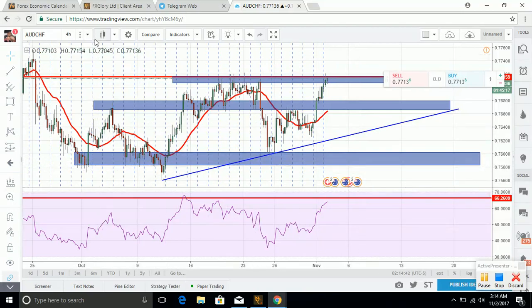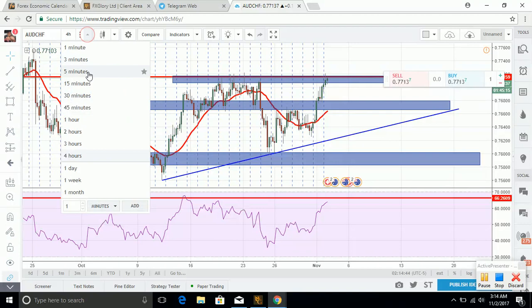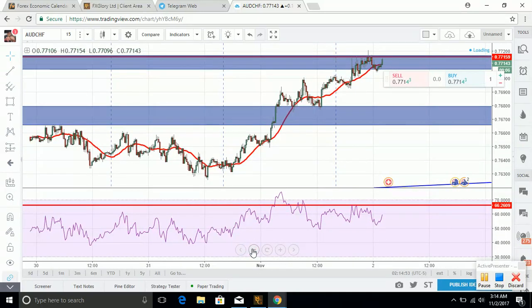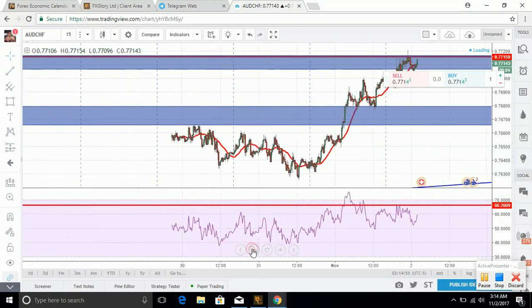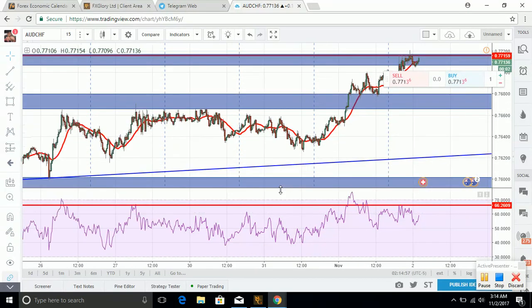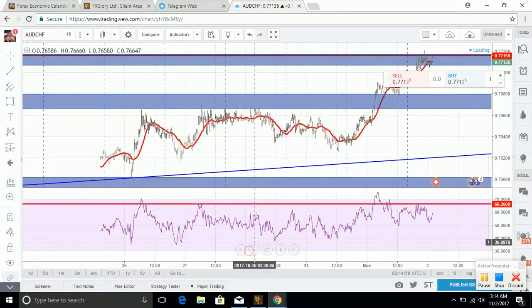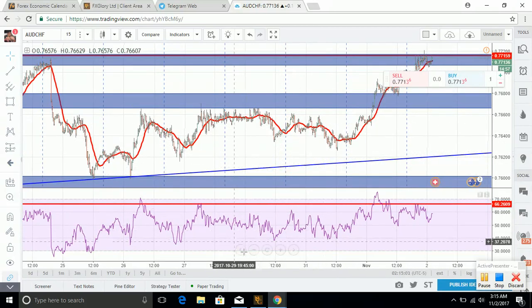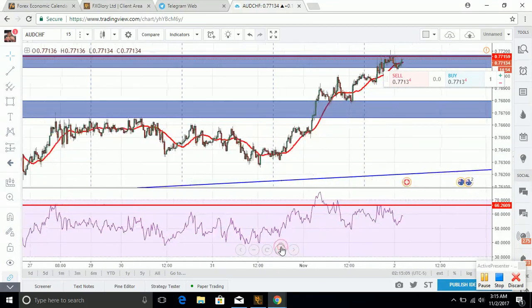Okay, now the entry is always going to be on the 15-minute chart. Now this is the 4-hour trend line that we drew here, this blue line underneath, but let's do one better.